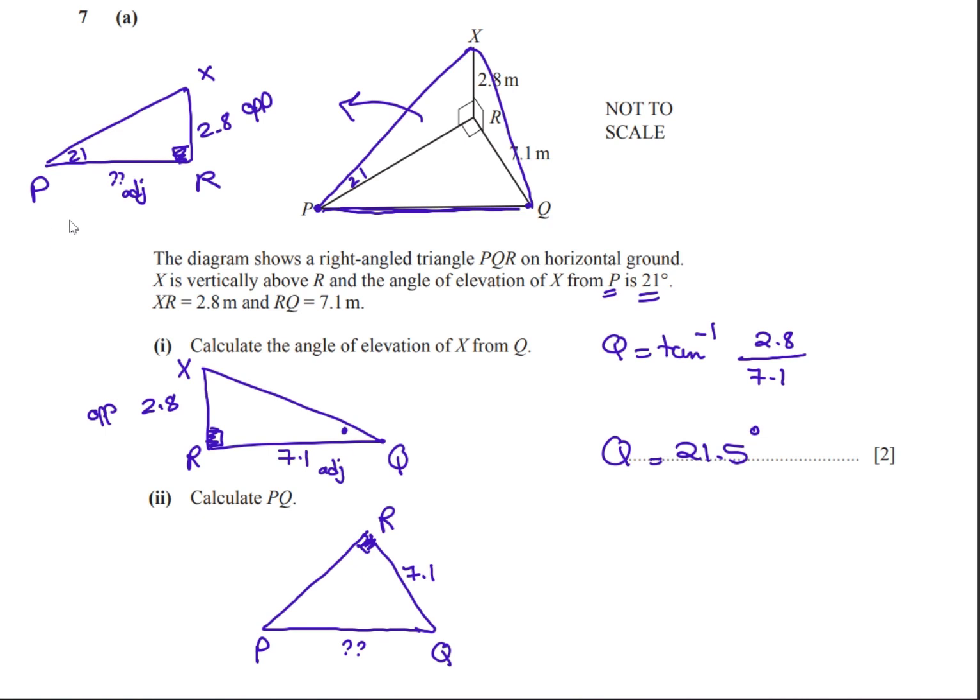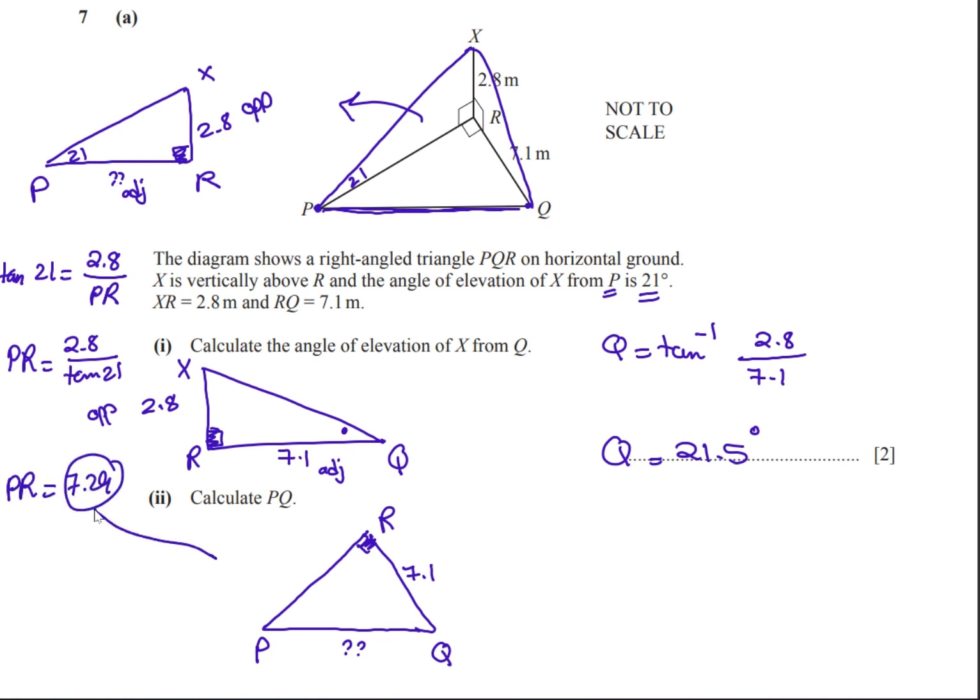I will use tan 21 equal the opposite over the adjacent, which is PR. So from here, PR equal 2.8 over tan 21. And if you calculate it, you will find PR equal 7.92.